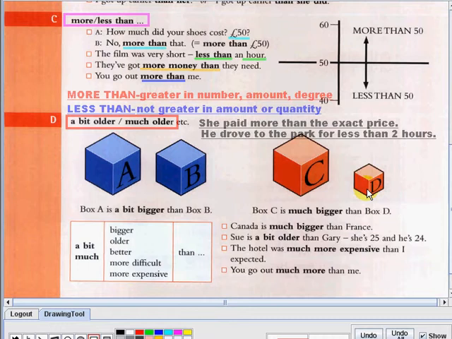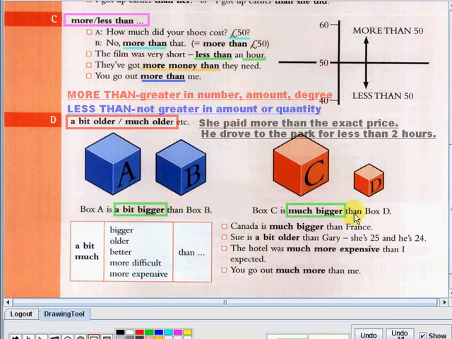Okay? Notice that the words a bit and much are placed before a comparative, like in the two sentences. The comparative here is the word bigger.